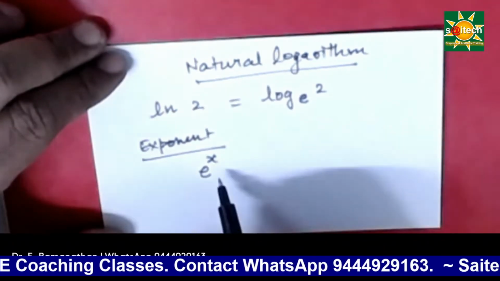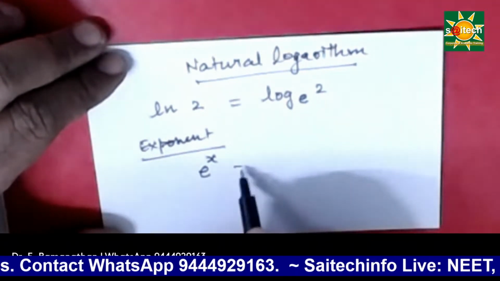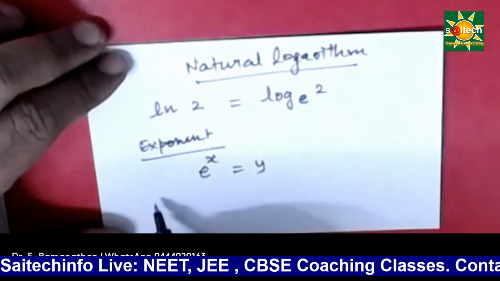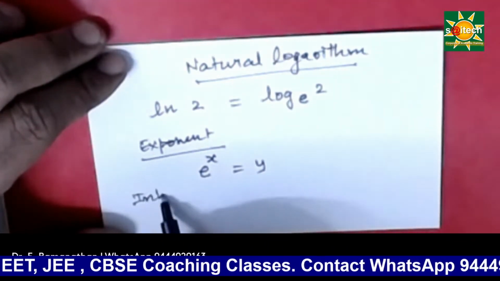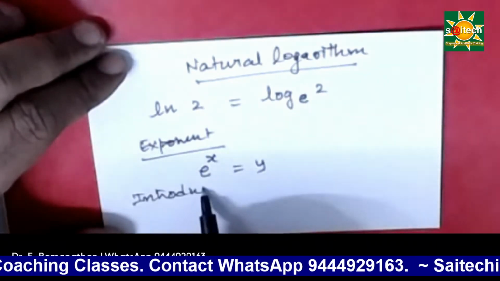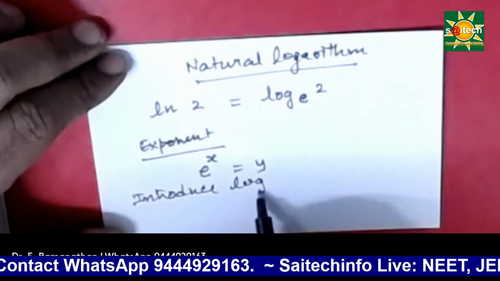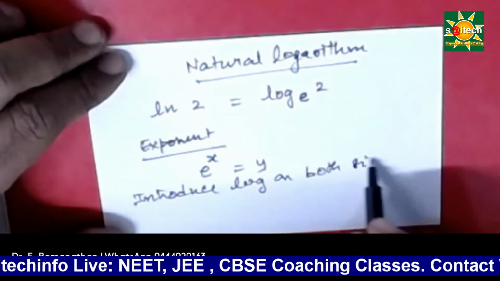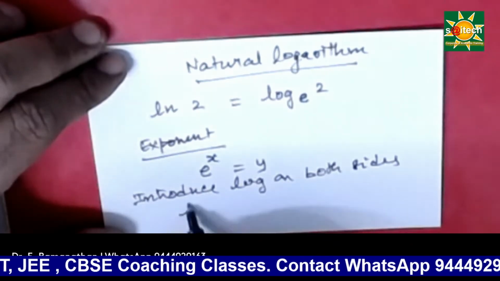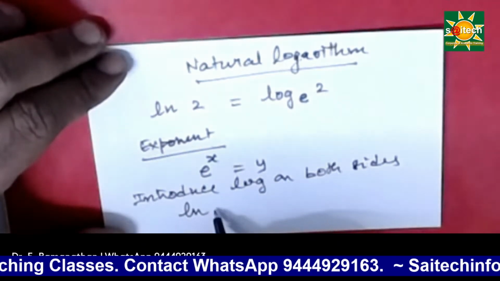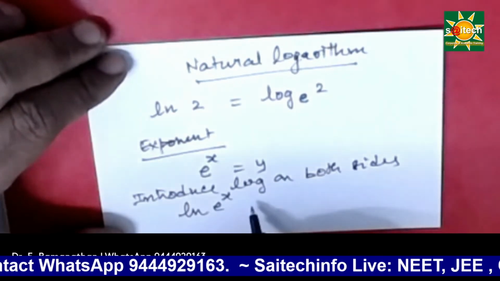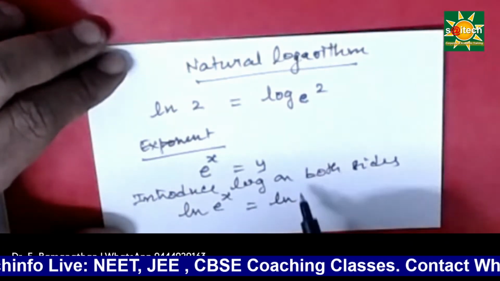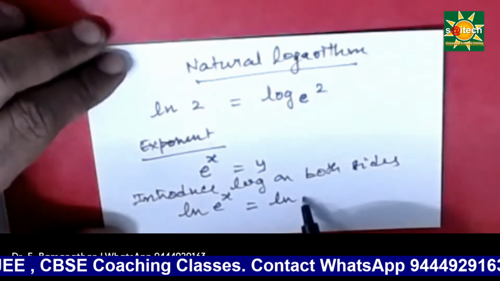So e power x is equal to, let me say, y. When I introduce logarithm on both sides, now it becomes natural log of e power x is equal to natural log of y.